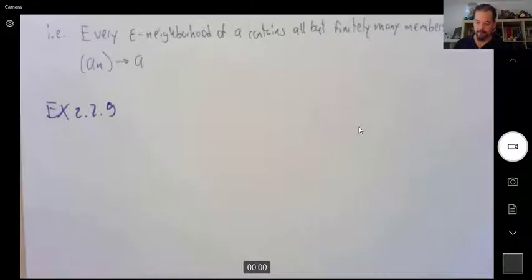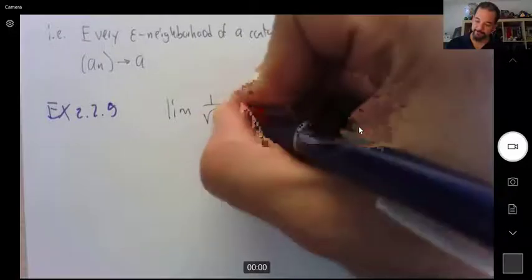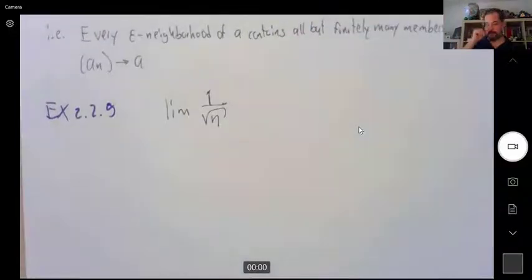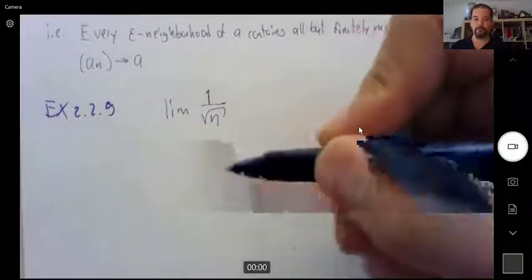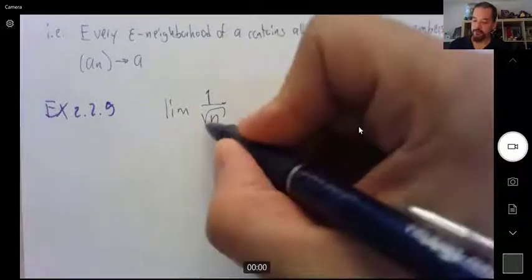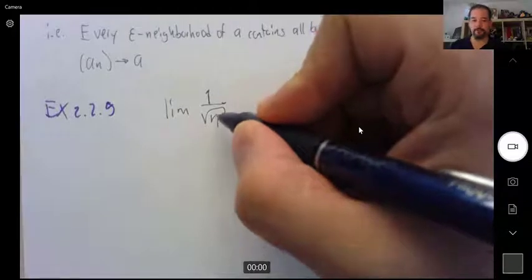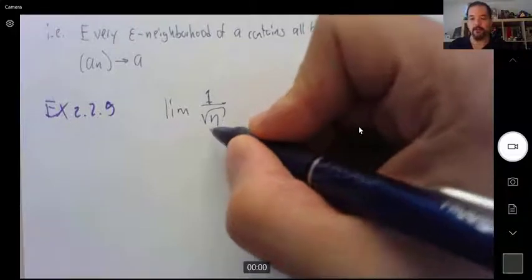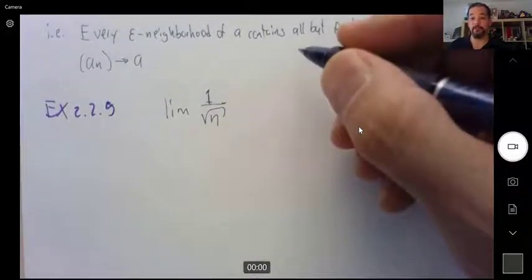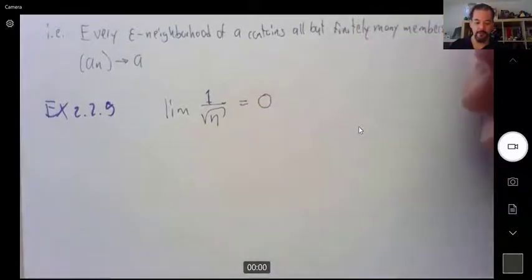We all took calculus, so we learned how to do these types of limits. n is getting bigger and bigger, and when we take the square root it becomes a little smaller, but still really big. Then when you divide 1 by a really big number, it becomes smaller and smaller. So we know this limit should be 0. That's the intuitive feeling, and that's how you did it in calculus.